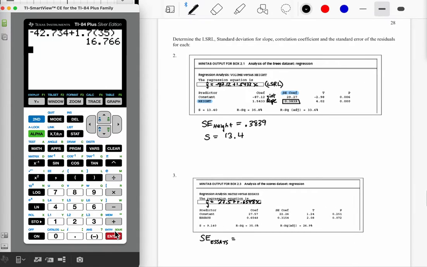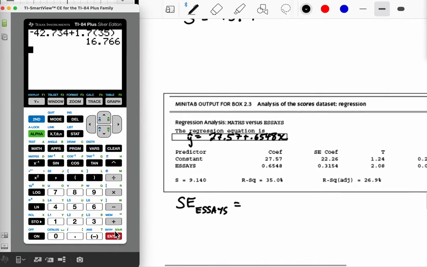I omitted the correlation coefficient on the last one. I'll get to that in a minute. But SE essays would be 0.3154. And again, what are the units? Who knows? We're not going to write anything, but we do know that we'd have to include those.